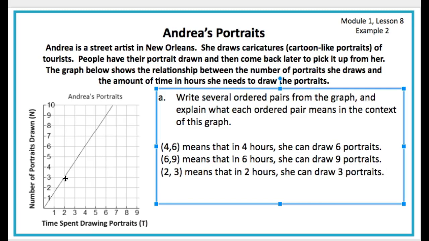And one last one, for 1 hour it looks like she's at 1.5, so 1 comma 1.5 means that in 1 hour she can draw 1.5 portraits.